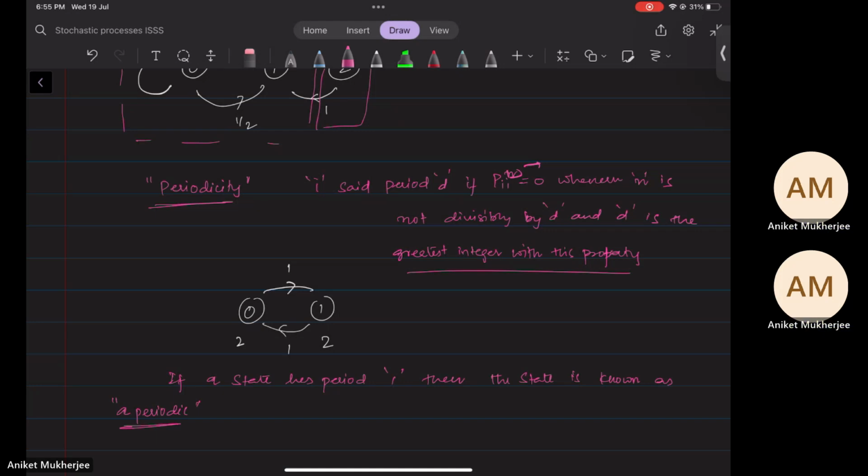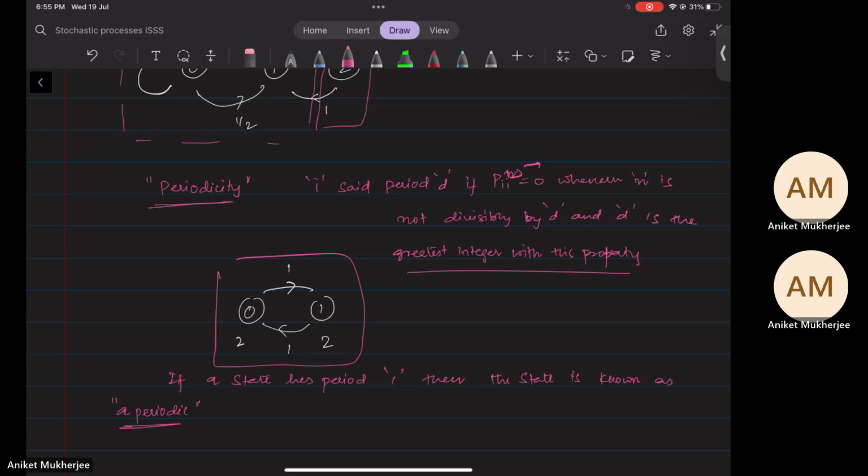Next, what we'll say is that periodicity is also a class property. As you have seen here, both are from the same communicating class, so they have the same period. So if they are from the same class and one state has periodicity d, then all the states in the same class would also have periodicity d.